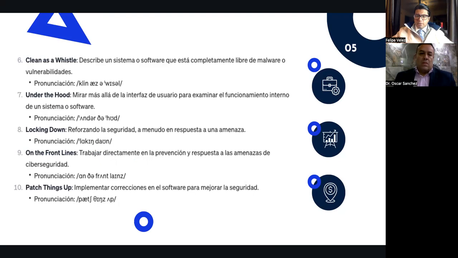I work on the front lines. I am the first tech support, the first responder in cybersecurity. Exactly. On the front lines, it's a cyber contingent. Very good. Excellent. So where do you work? On the front lines. So it's a contingency.